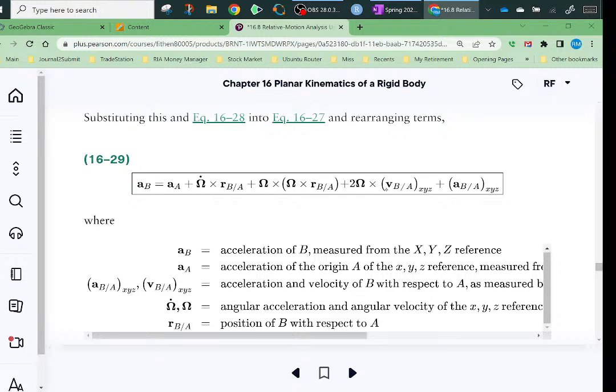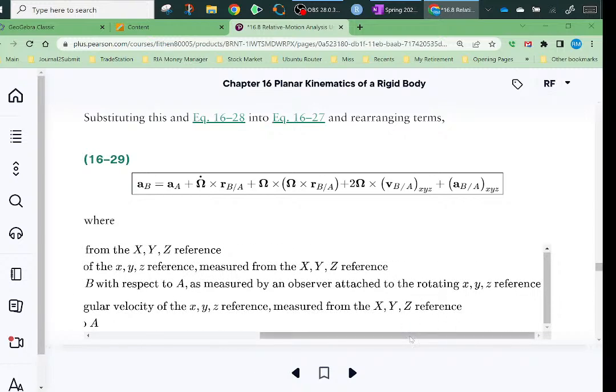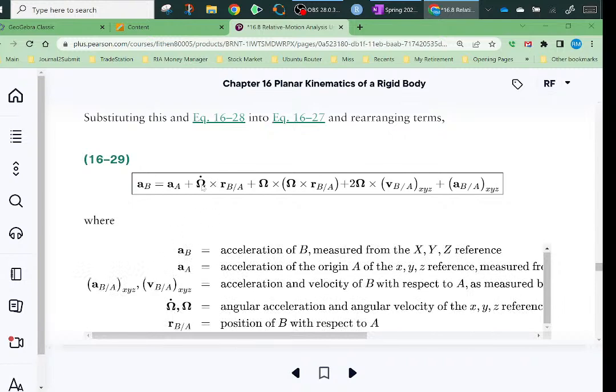Well, I can't select that, but this VB relative to A, this is the one you regularly see. And this is the angular acceleration, angular velocity of the reference measured from, so it's like the Earth. It doesn't have to be the Earth, but if this is sitting on an object that's rotating, it has these extra terms here.